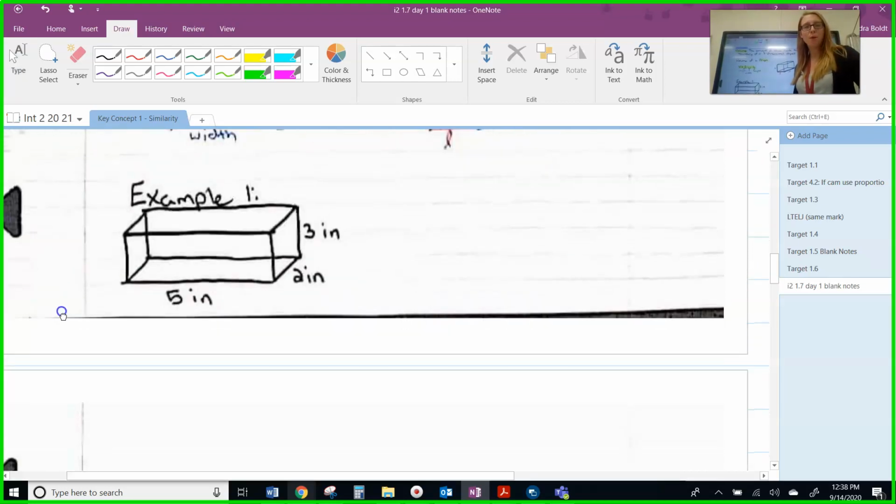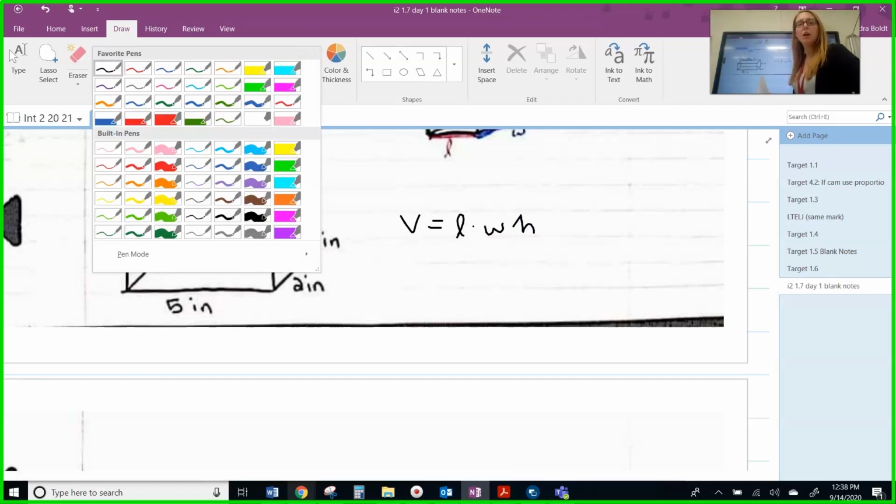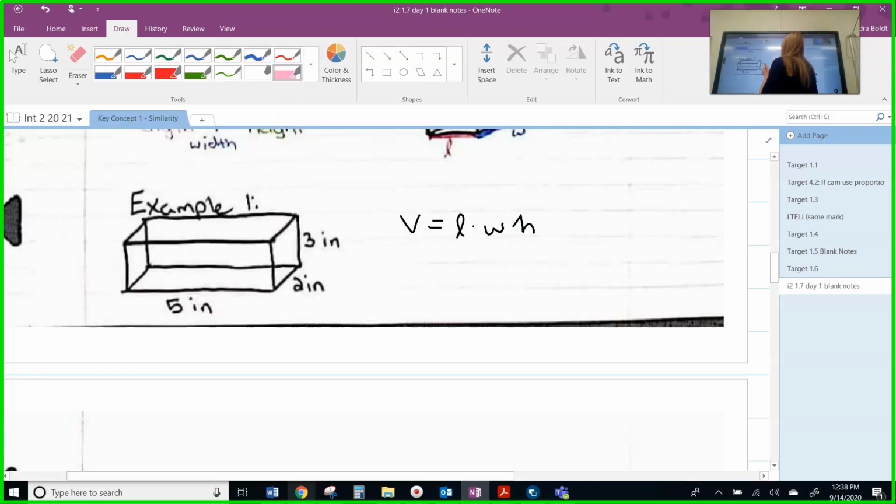So if we look at an example, here's our box. Again, volume equals length times width times height. In this problem, we have our length here, so that's 5.